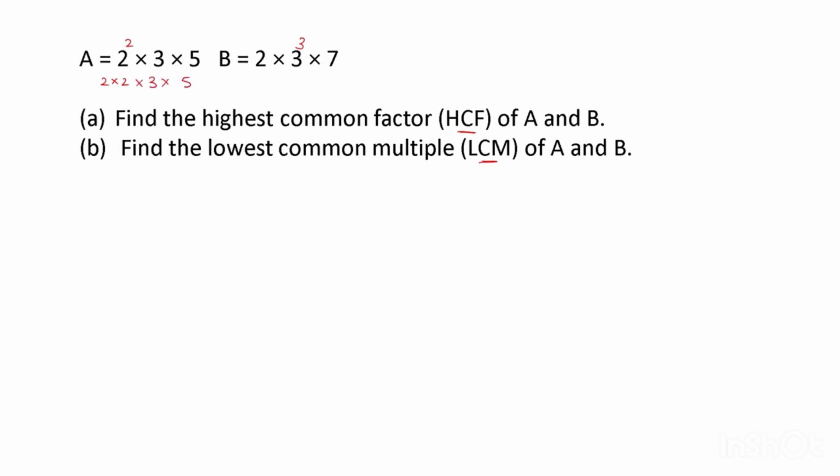Same way you're going to write for B, 2 times, and how many times you have, it is 3 cubed, so you will say 3 times 3 times 3 times 7, right? And now you need to draw the Venn diagram.